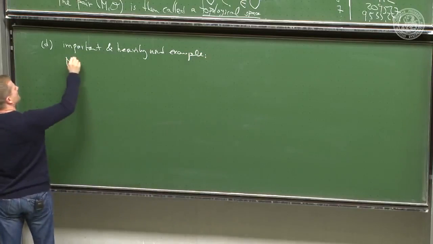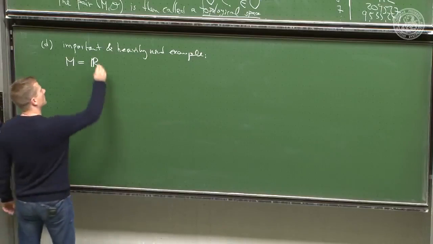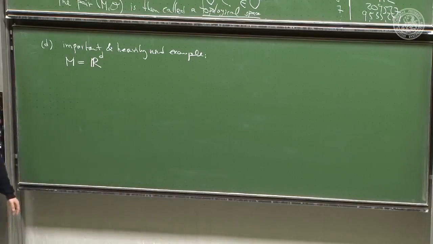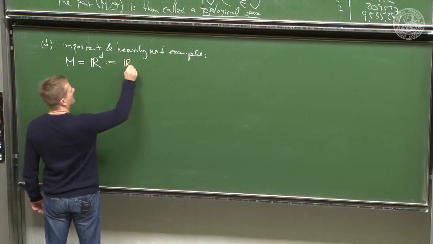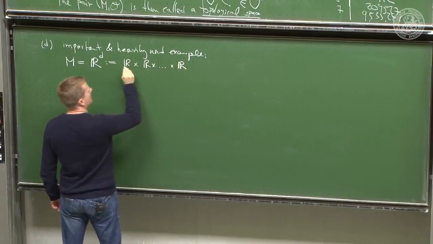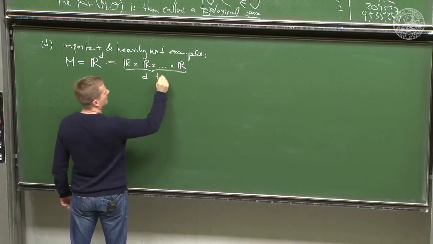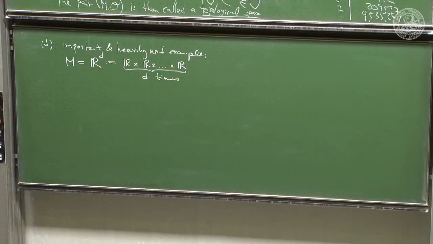It is the example where the set we are considering is the real numbers, or let's even take the real numbers to the dth power, which is, of course, just R cross R, the Cartesian product, d times. That's the definition of R^d, and you know what the Cartesian product is from our developments in set theory.